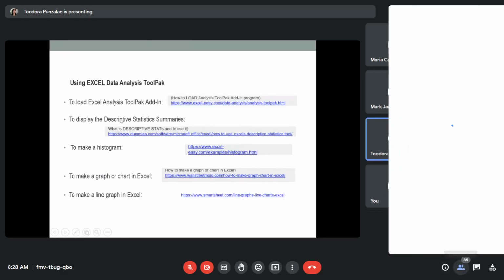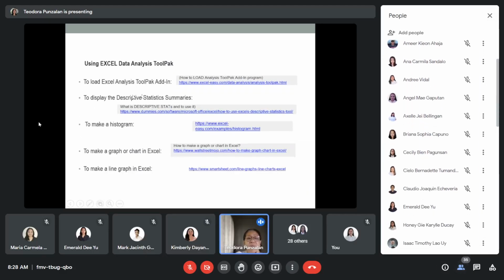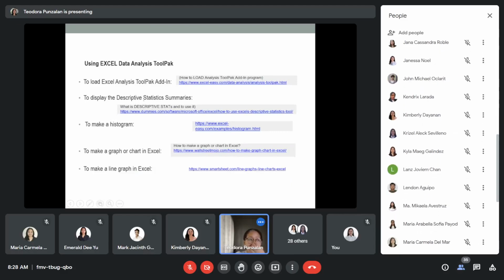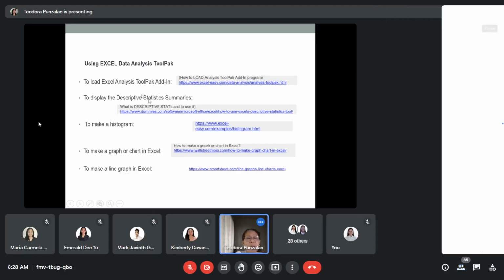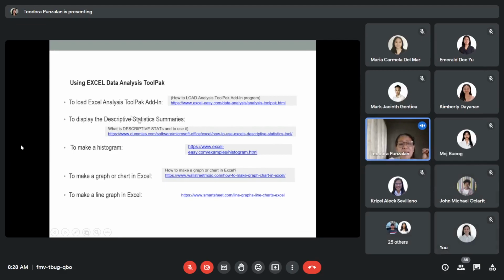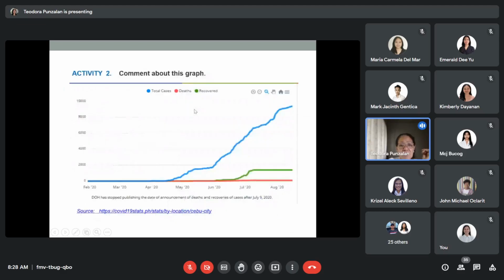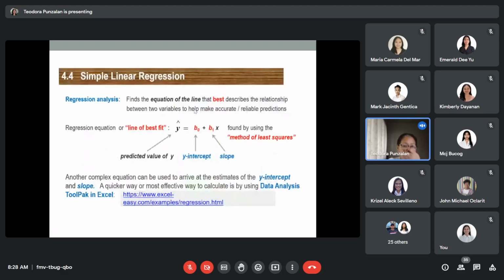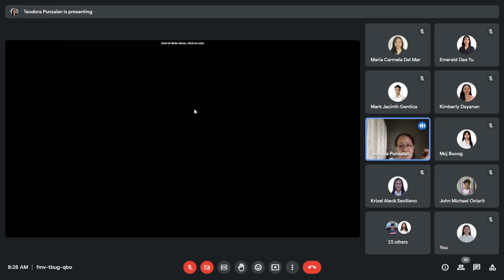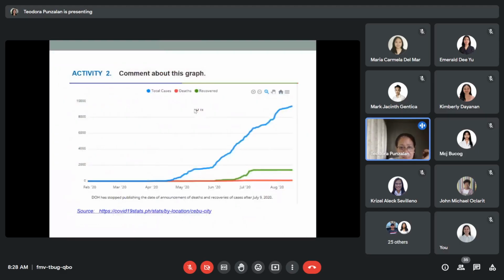Then I'll continue on Tuesday with how to display the descriptive stats summaries and how to do the interpretation, followed by 4.3 linear correlation and 4.4, which is about simple linear regression. After that, we'll end.